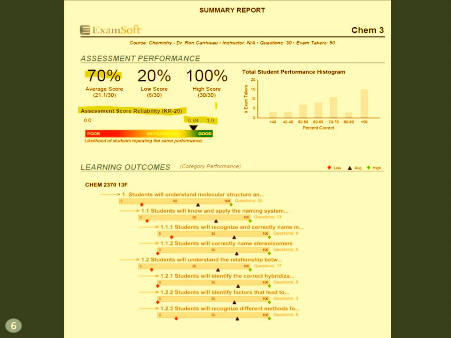Okay, that's pretty high reliability, and it would be expected to be high if you have the outcomes and the items matching. And if you set it up to where your GLOs are subparts of the domain that you're measuring with your goals.